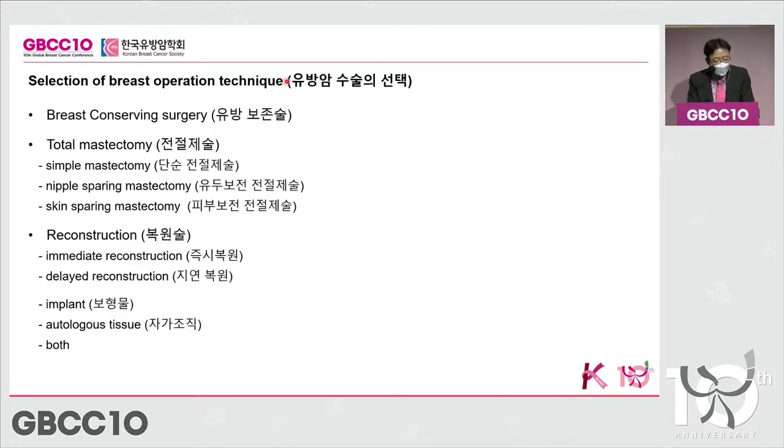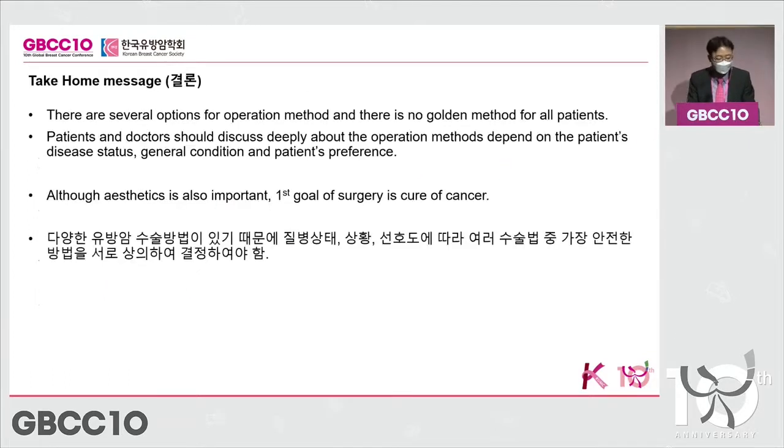There are many types or techniques of surgery that can be adopted. There is breast conserving surgery, there's total mastectomy, and even within mastectomy, there's simple mastectomy, nipple sparing, or skin sparing. And in reconstruction, you can go ahead with immediate or delayed, depending on the situation, and you can use implants or autologous tissue.